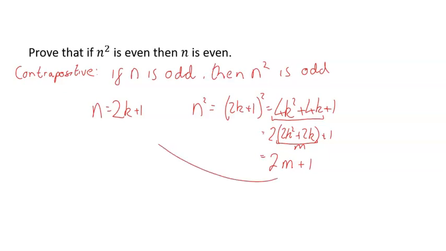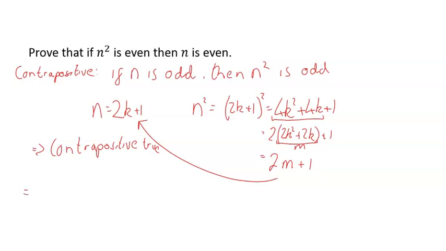If we go back and compare that with our original choice for n, that is also the format of an odd number. So I can say, therefore, the contrapositive is true. If n is odd, then n squared is odd.